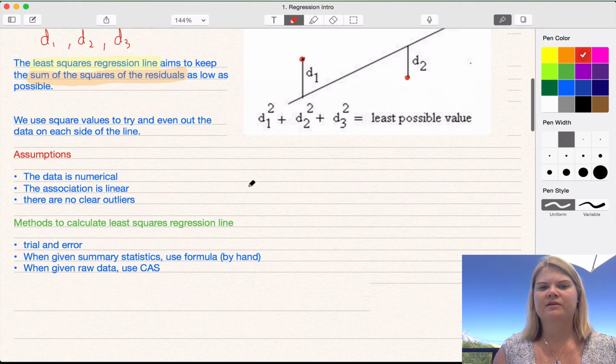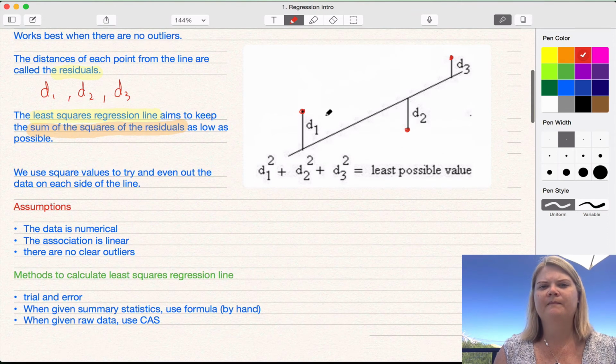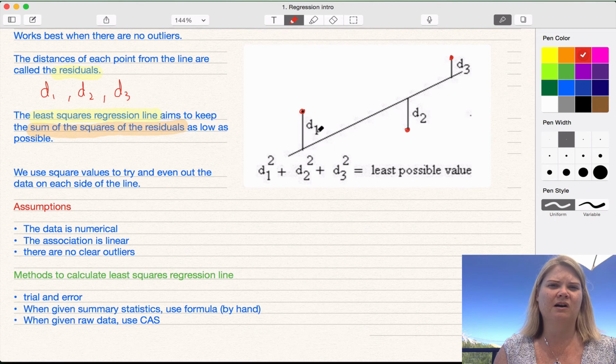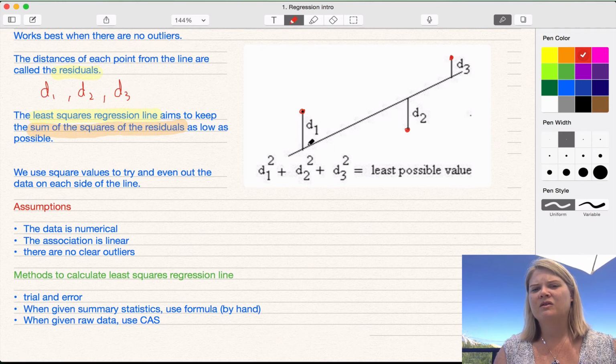There are 3 methods to calculate the least squares regression line. The first one is trial and error, where you basically draw a line, calculate all the residuals, see what they all square to, then draw another line, calculate the residuals, see what they all square to. You might do that 4 or 5 times, and then you choose the least possible value, and that would be the best line that you have found. Not the best idea.